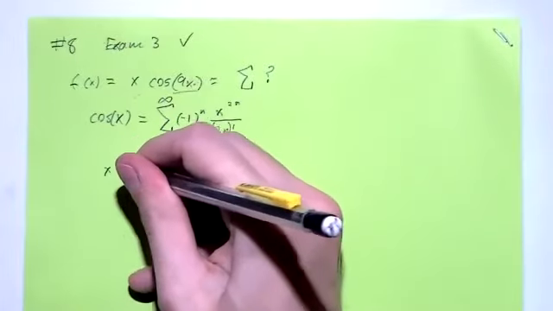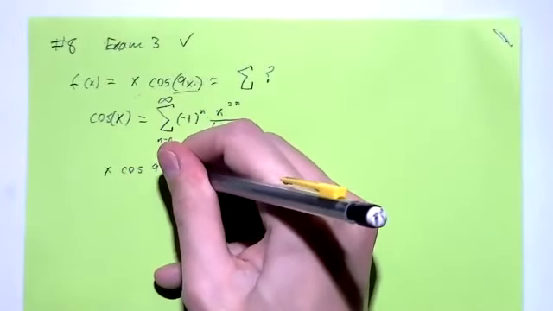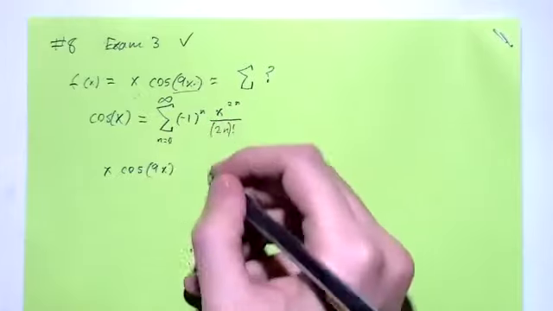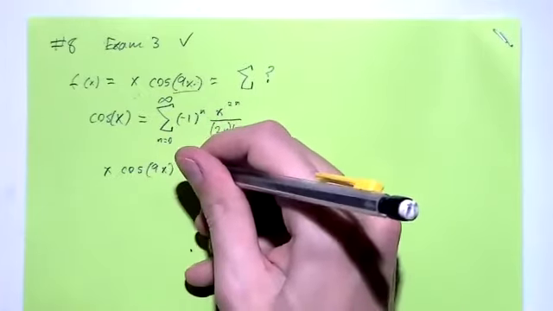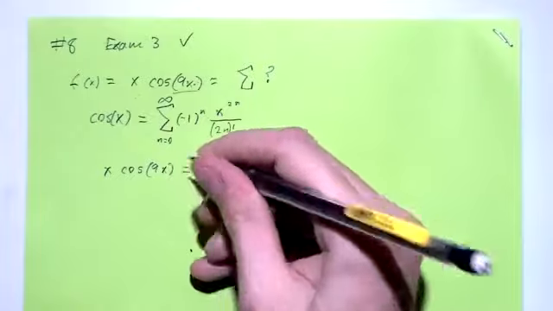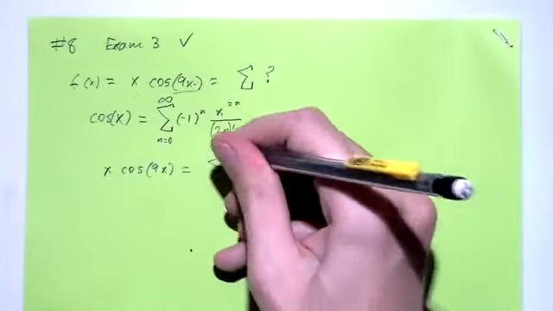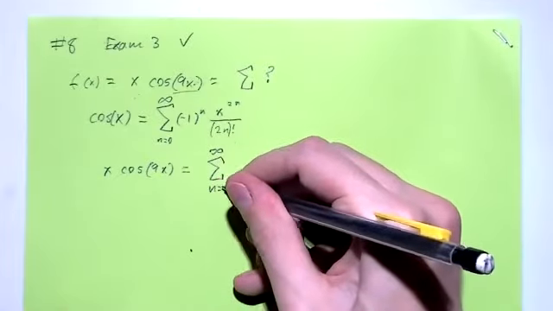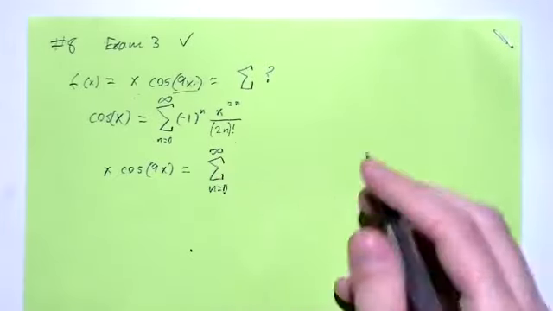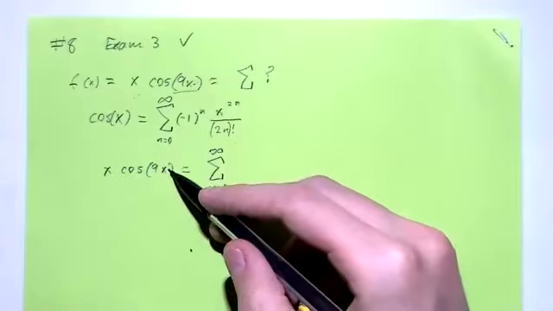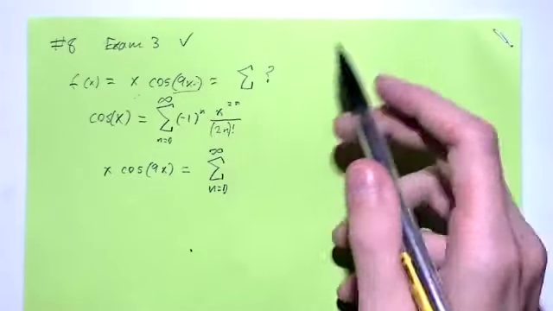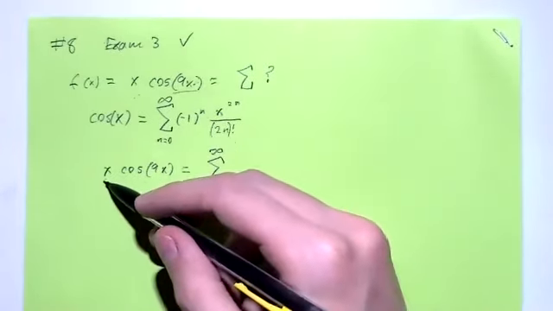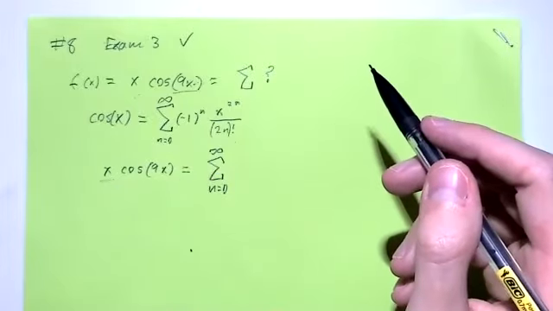So x cosine of 9x would be this. We would take our summation, and after this, I think we're going to have to get going because we are running out of time. So first, what I like to do is substitute all my x's real quick so I don't confuse it when I multiply that through.